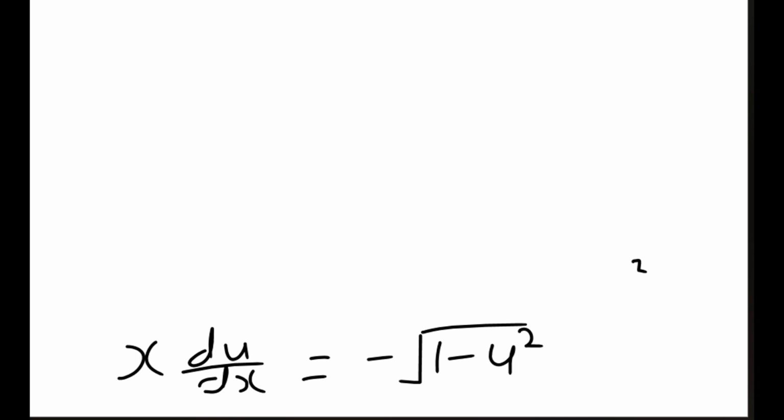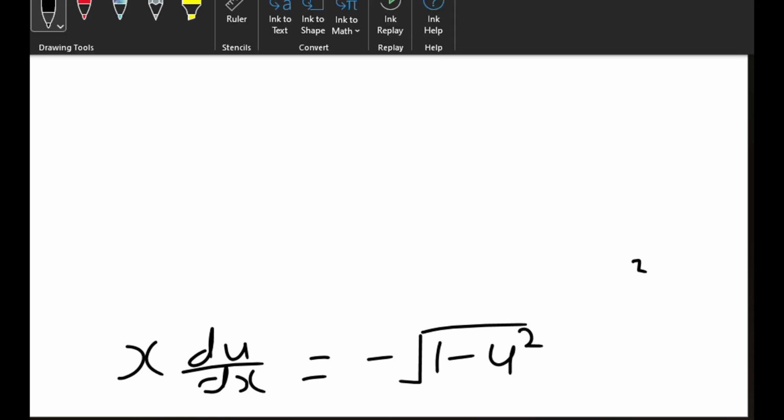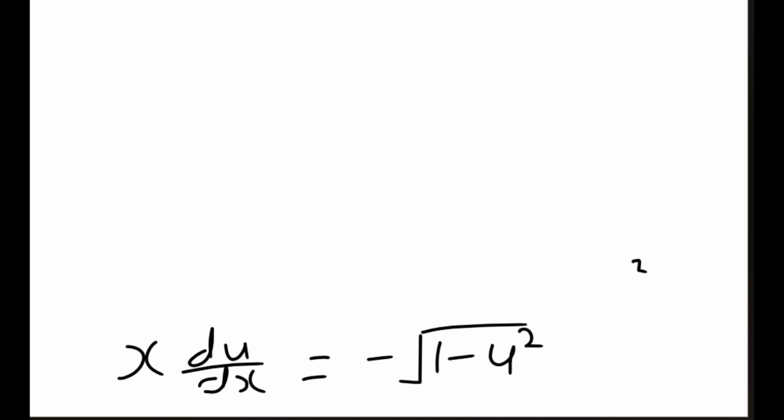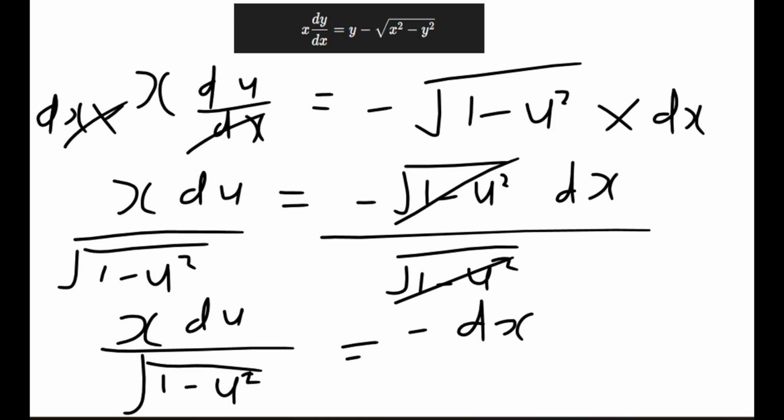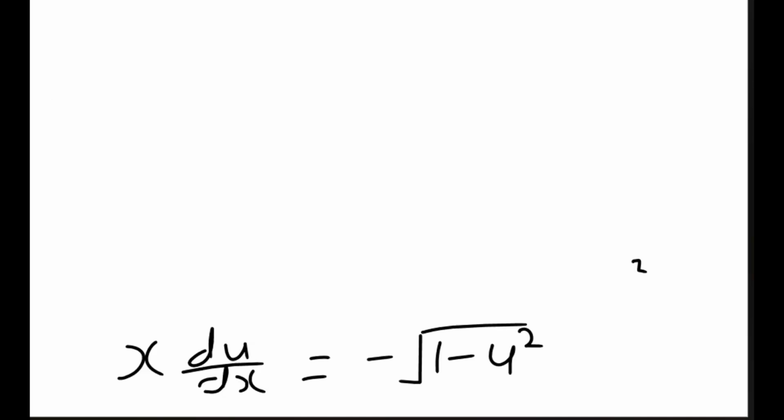So I think we have enough space to continue with our solution. Okay, so what do we have? We have x du over square root of 1 minus u squared.